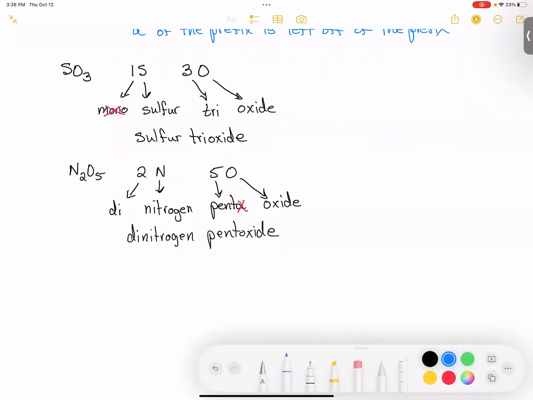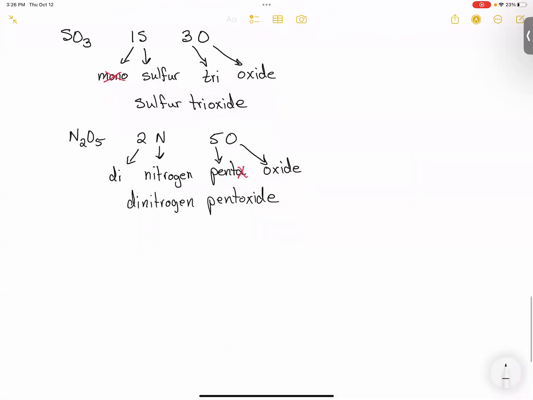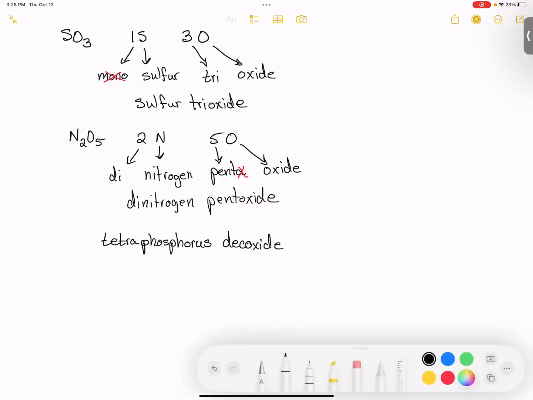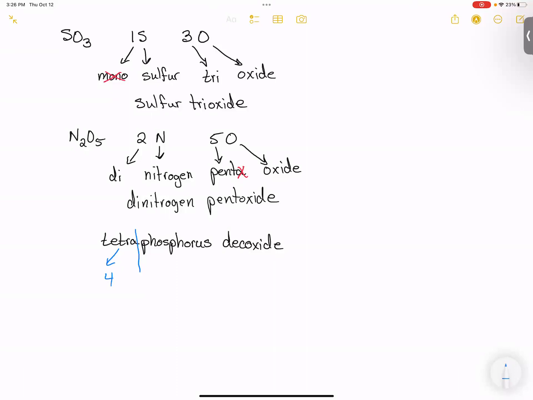And it's also straightforward to get the formula, because if I go tetraphosphorus decoxide, let's think about this. We're going to take each one of these and we're going to pull it out. So tetra means 4.